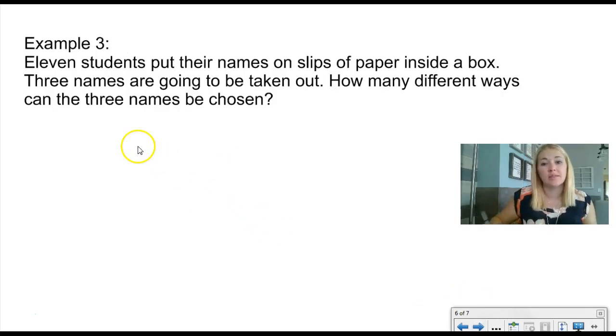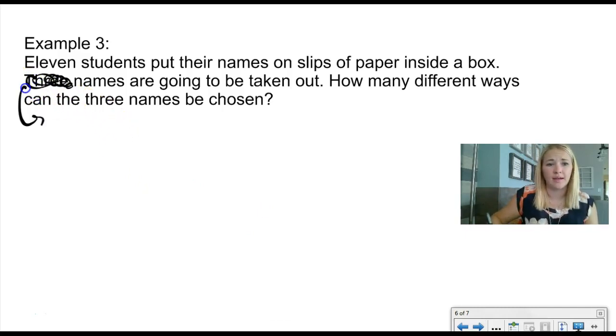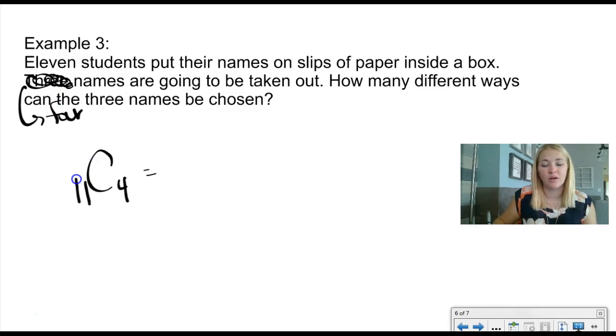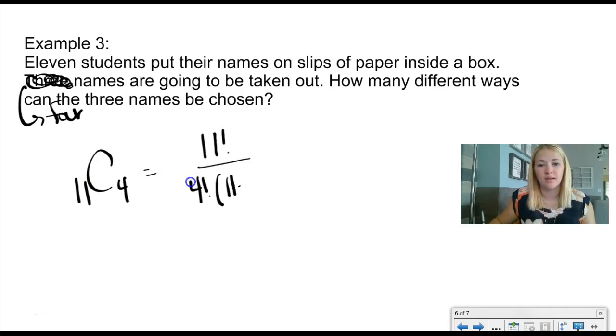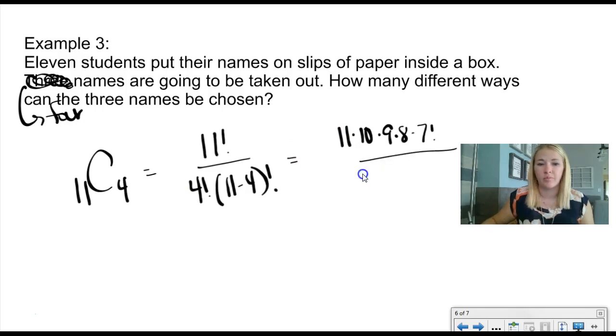11 students put their names on slips of paper inside a box. 3 names are going to be taken out. I feel like we're on a roll with 3 today. Let's do 4. So 11C4: 11 factorial on top, 4 factorial, 11 minus 4 factorial. So 11, 10, 9, 8, 7 factorial over 4, 3, 2, 1 times 7 factorial.